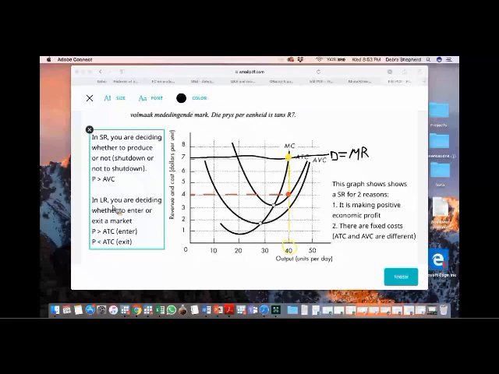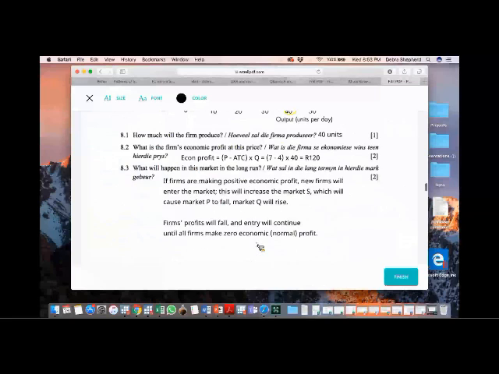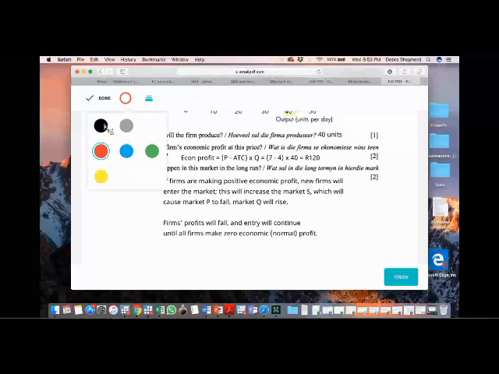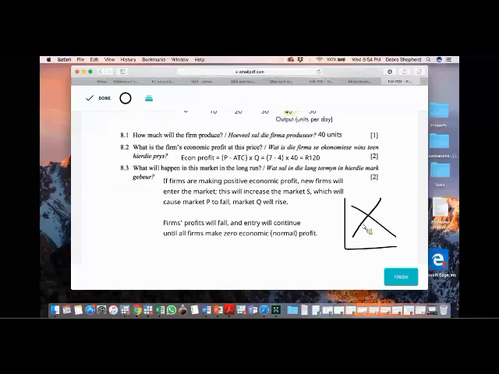So in terms of this question, what will happen in this market in the long run? Because firms are making positive economic profits, this will encourage new firms to enter. If new firms enter, supply will go up. And then what we know from chapter 3 all the way back in the day is that if supply shifts to the right, price goes down.